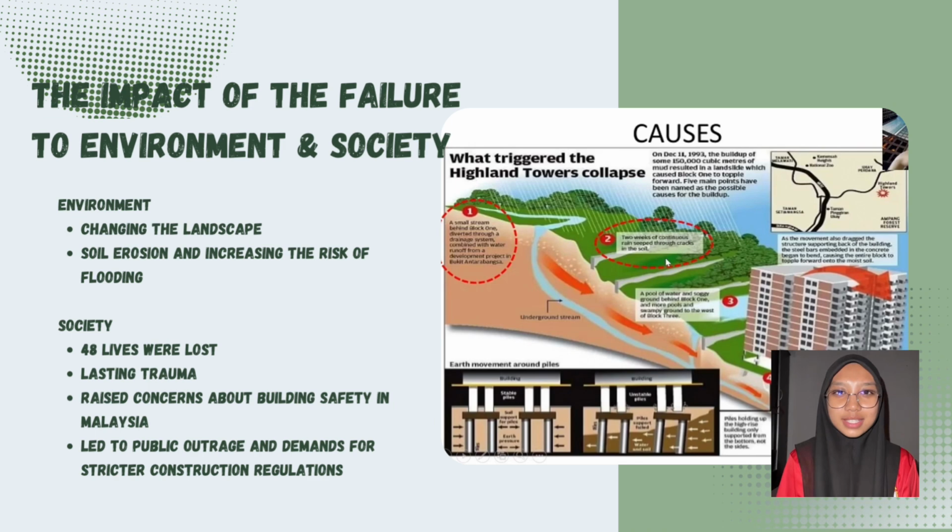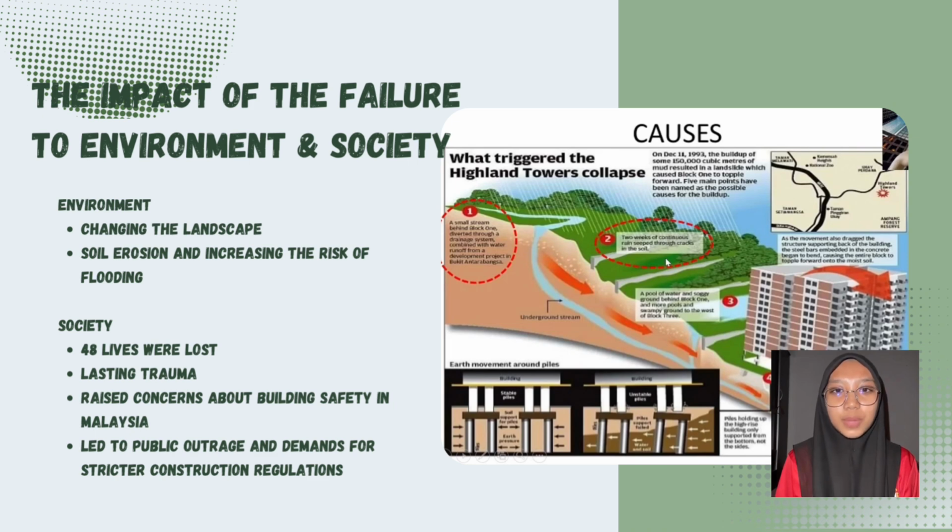Next, let's discuss the societal impact. Most tragically, 48 lives were lost, leaving families and the community in deep grief. The disaster created lasting trauma for survivors and witnesses, many of whom struggled to rebuild their lives. It also raised significant concerns about building safety in Malaysia, shaking public confidence in construction standards.